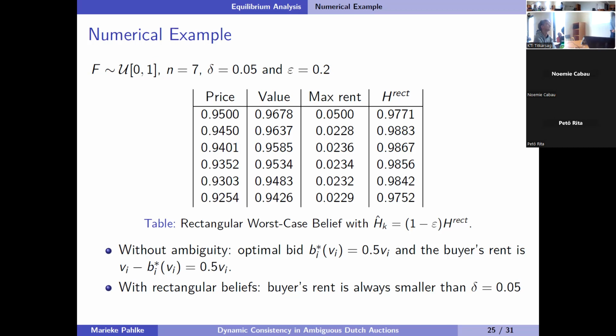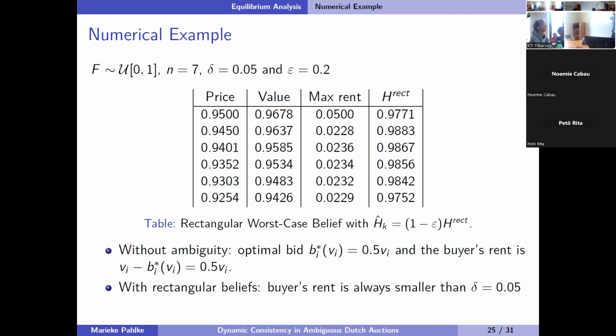The highest possible rent is for the buyer with the highest valuation who accepts this price, so it's a buyer with a valuation of 1, and he has a maximum rent of 0.65. And similarly here, it's just the difference between these types and this one. So you see all those maximum rents are below delta, below the price gap.